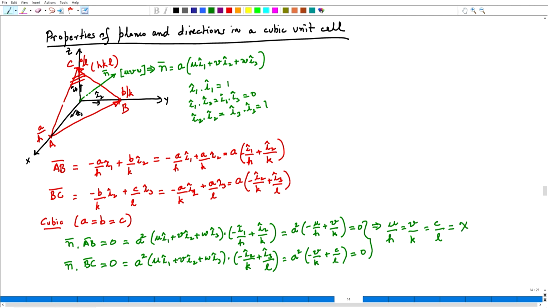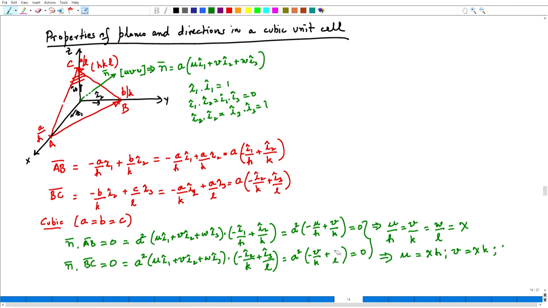So, where does this take me? Well, I can write U equals chi H, V equals chi times K. I also made a mistake here.